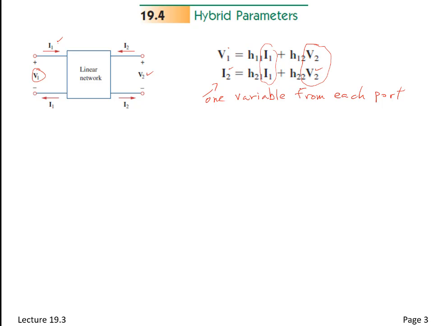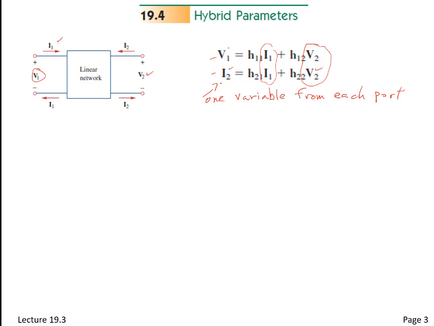So this is one of the two forms of the possible hybrid variables. In other words, by hybrid, it's a mixture of voltage and current as the driving variables, namely the variables on the left. That's what makes it hybrid. But really, the mathematics is just straightforward here.